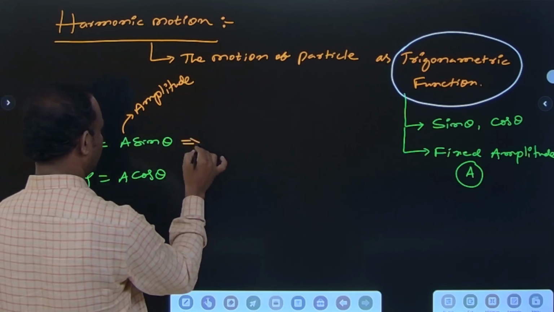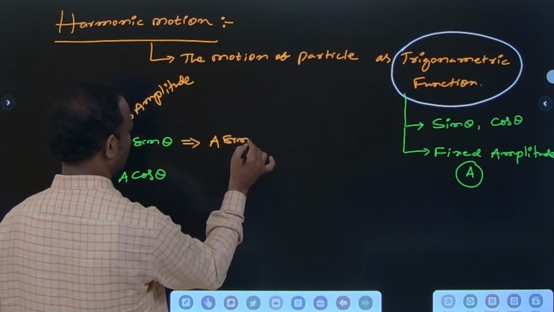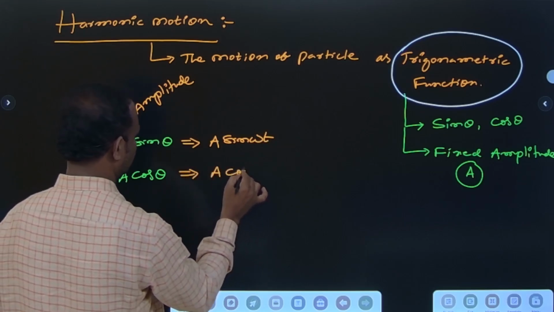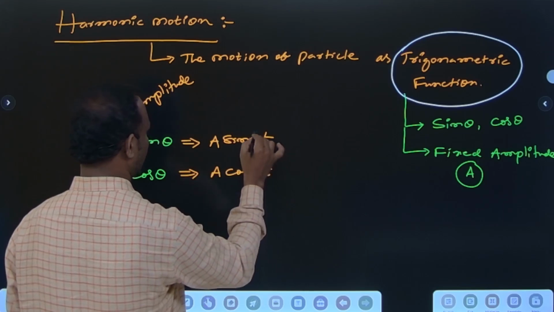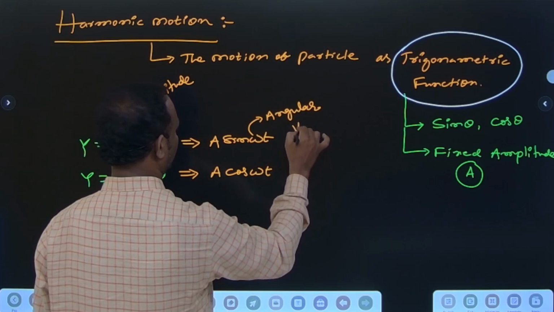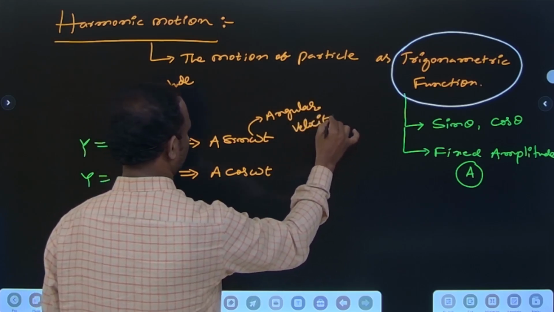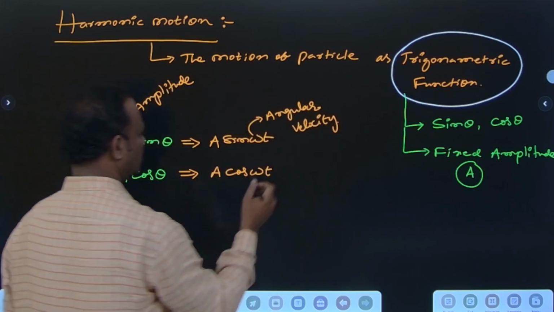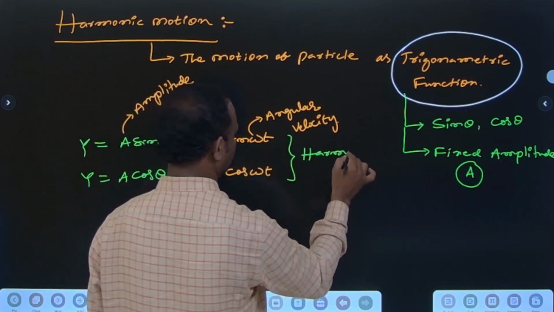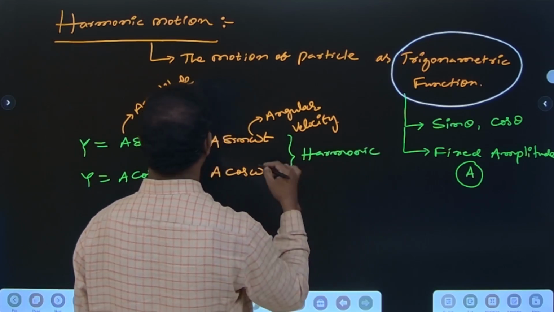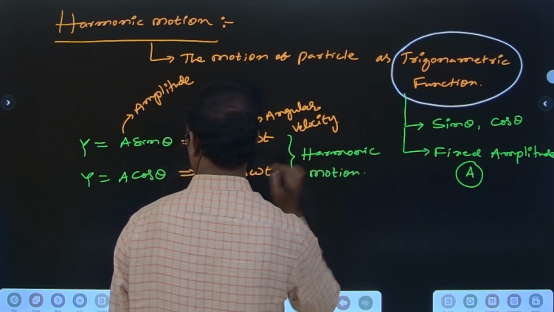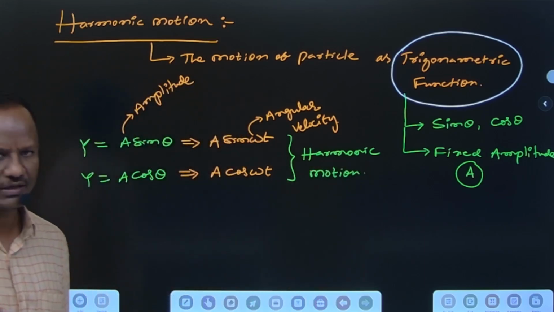I can also write A sin omega t and A cos omega t. Omega is the angular velocity. These are called harmonic functions, or harmonic motion. The particle is executing harmonic motion.